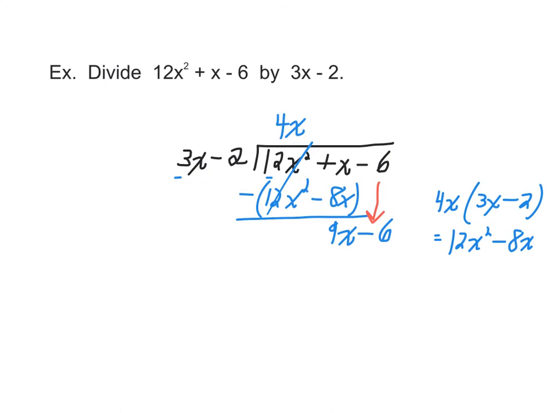In this one, I'm trying to think, what could I multiply 3x minus 2 by to get as close to 9x minus 6 as possible? Should be 3. So let me see exactly what that equals. 3 times 3x minus 2 is 9x minus 6.